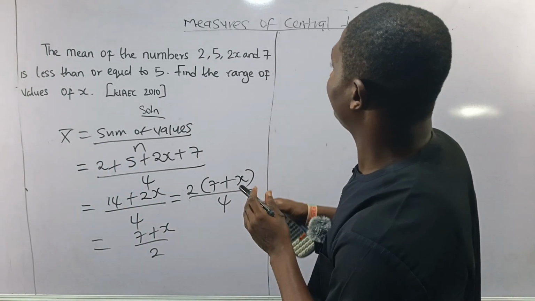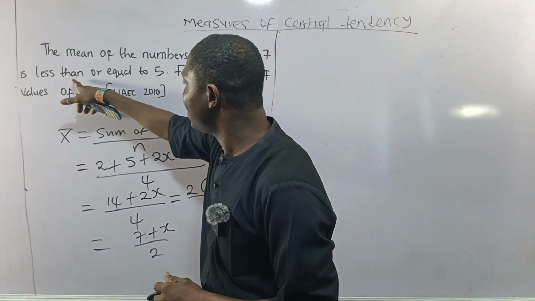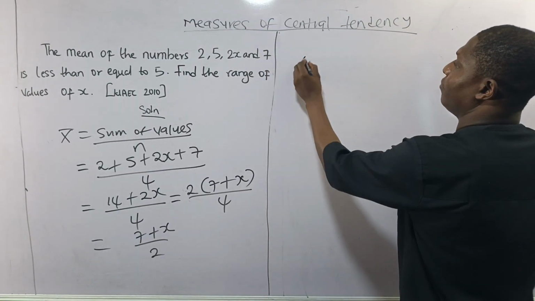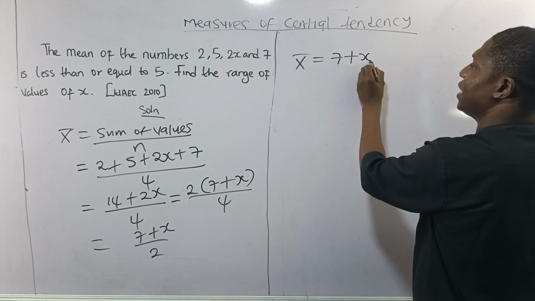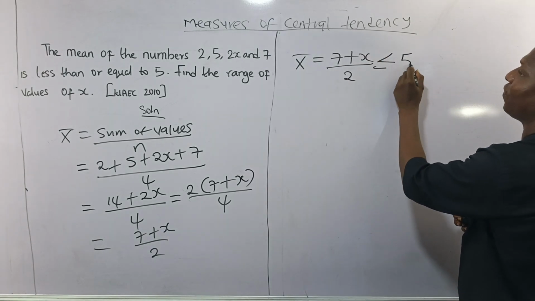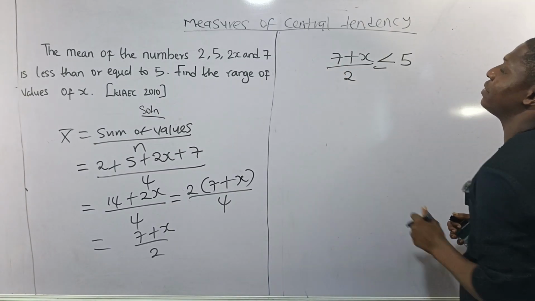Then they said the mean of these numbers is less than or equal to 5. So the mean, which equals 7 plus x all over 2, is less than or equal to 5. The equal part is because this is equal to the mean.